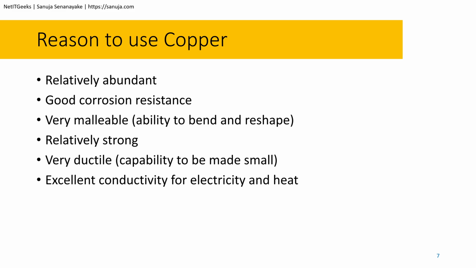If you build a wire using a metal with very low malleability, when you bend the wire it might break or start creating cracks in a short period of time. We don't want that. So copper wires are very malleable, and therefore easy to bend and take different shapes without breaking the copper structure.